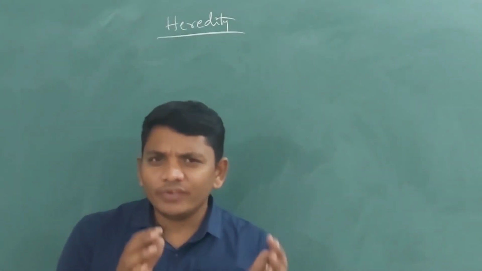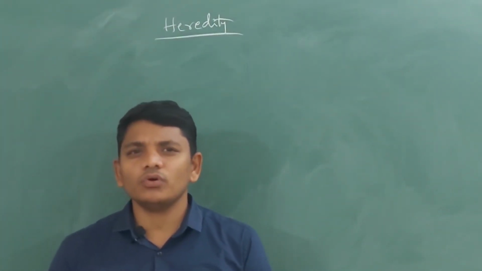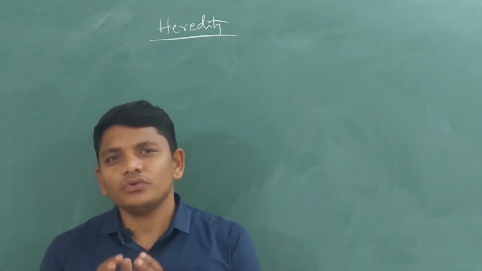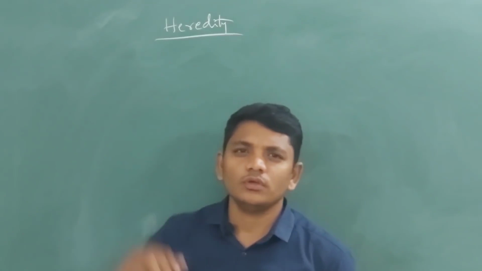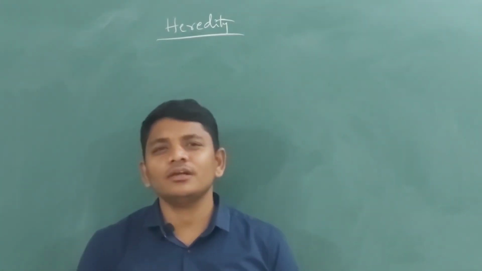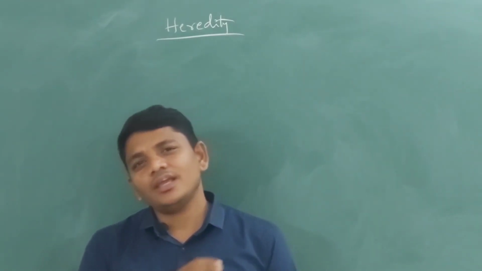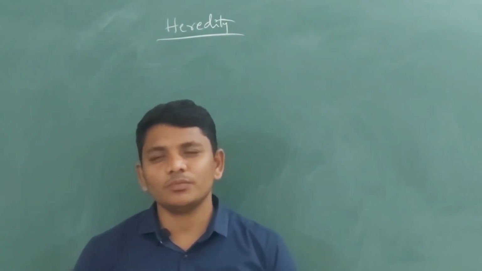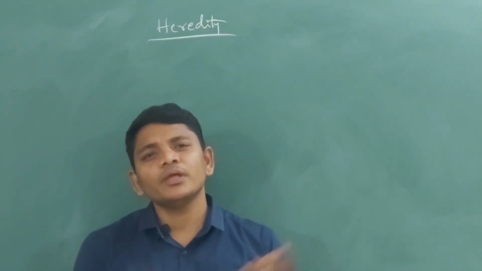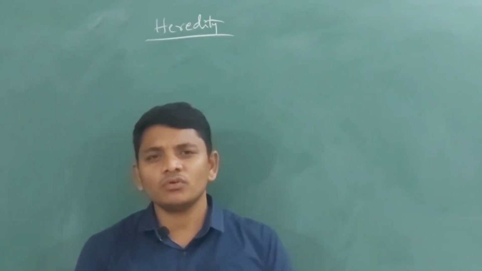So, here variations and also similarities occur due to the chromosomes which are present in cells. Chromosomes are the only reason for the differences and similarities. Here we are discussing heredity. Heredity means passing on of characters from one generation to another generation.